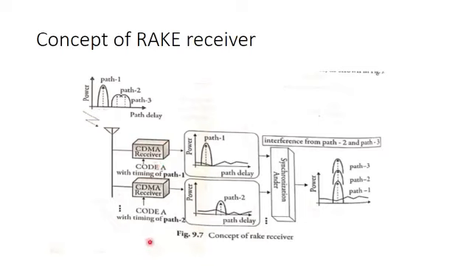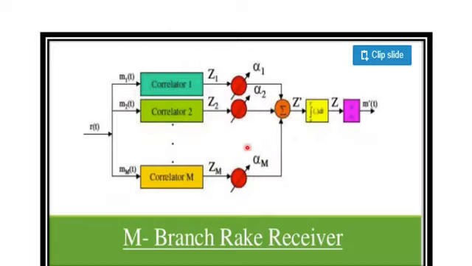If there are m paths, it uses m CDMA receivers, and it combines all the received signals in synchronization. Here it takes only the positive interference or positive phase components, that is, all the in-phase components are added, thereby the overall signal strength increases.